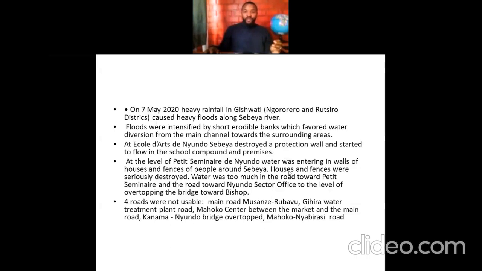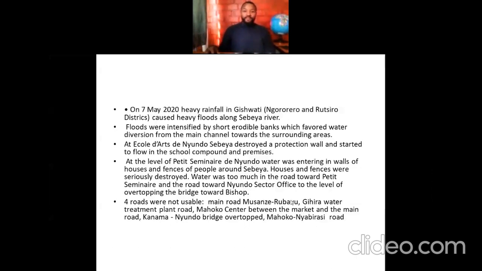Water was too much in the road towards Petit Seminaire and the road towards Nyundo sector office. Even the bridge towards the bishop was overtopped, so people could not cross through the bridge. 4 roads were not able to be used during that time.